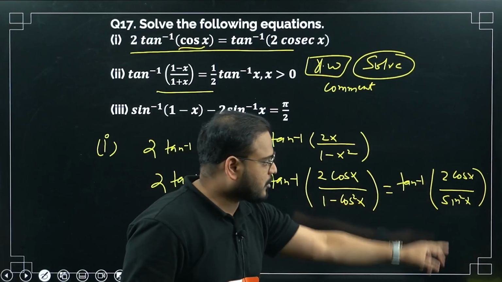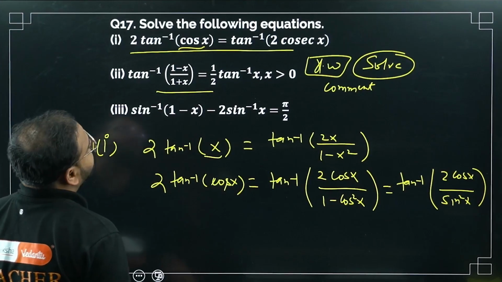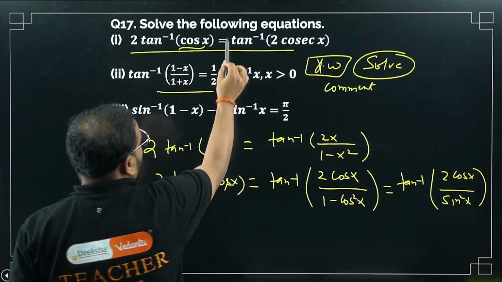as tan inverse of 2 cos x upon sin square x. So let me use it over here, in this condition for the RHS part.